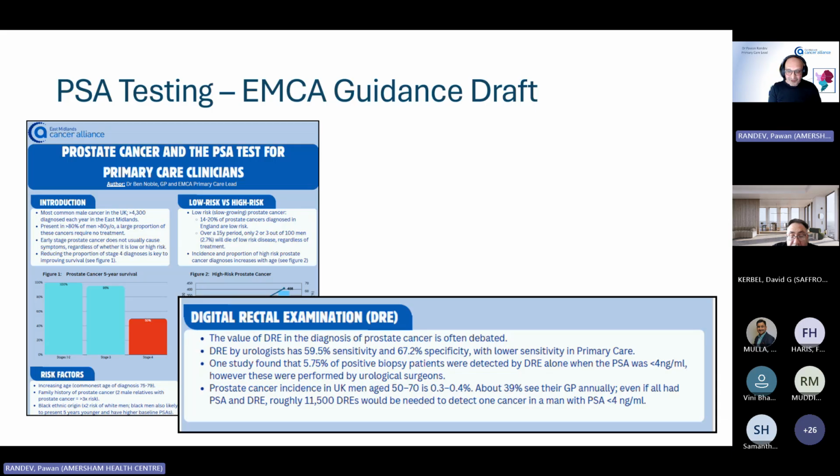So for those men where we've done the PSA, a DRE is not going to add anything. And when you look at our guidance in LLR, the necessity of performing a DRE is actually reduced.